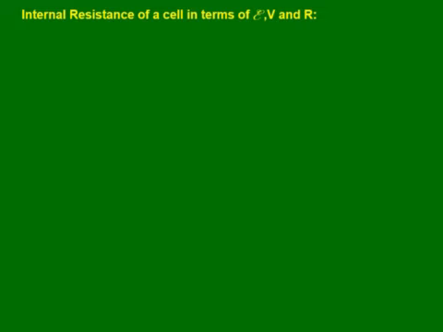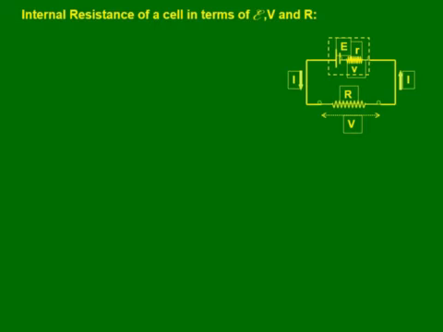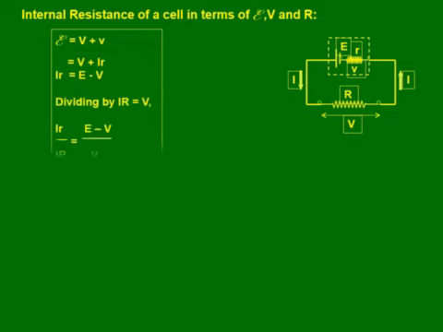Now I talk about the internal resistance of a cell in terms of E, that is EMF, terminal PD V, and capital R, the external resistance connected. So once again the same expression I will show you. E is equal to V plus v. Capital V is the terminal PD across capital R, and small v is the lost volt, that is the potential difference across the battery.